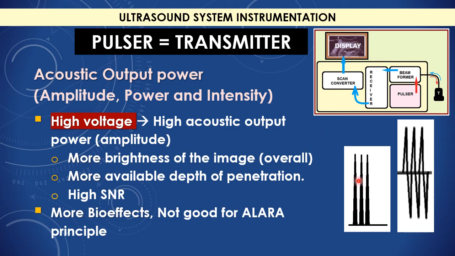If these electric spikes have a high voltage, I'm expecting to have a high amplitude. Remember, amplitude is from the baseline to the peak or from the baseline to the trough.